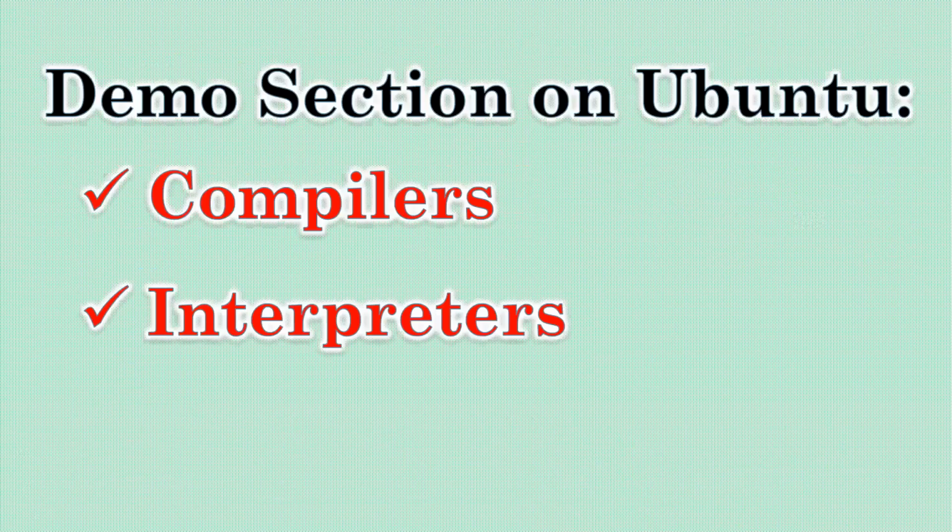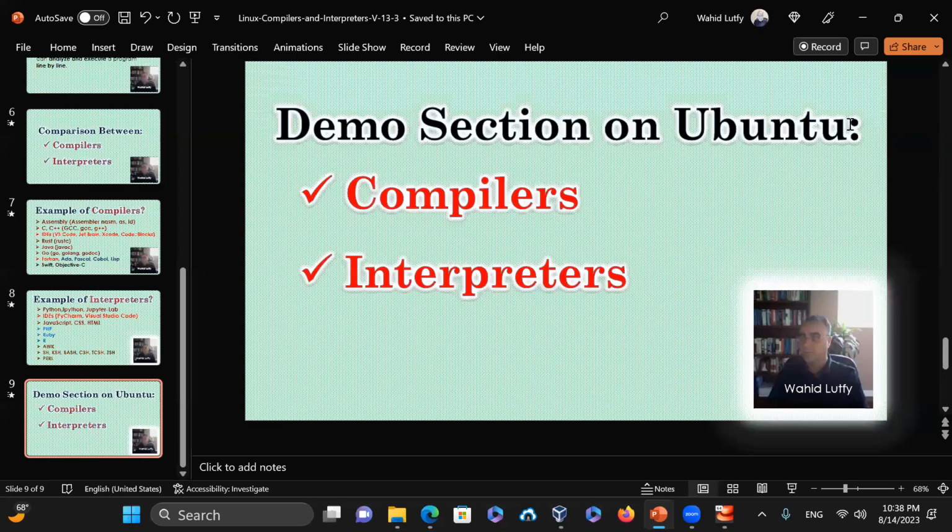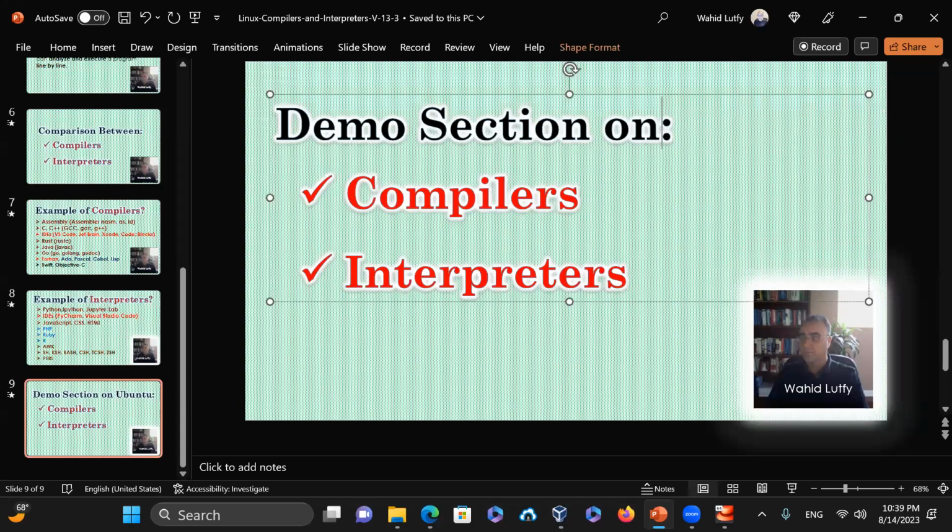So we're gonna just go to the next session, which is the demo section on Ubuntu compiler. Actually, this is not Ubuntu, so I'm gonna correct that one, and we're gonna cover tonight the Red Hat. So let me just go and modify that part right here on Red Hat.